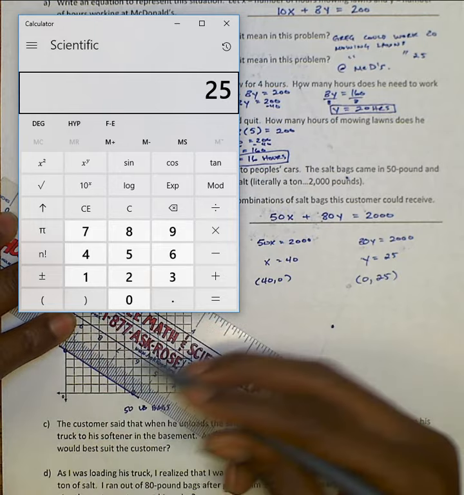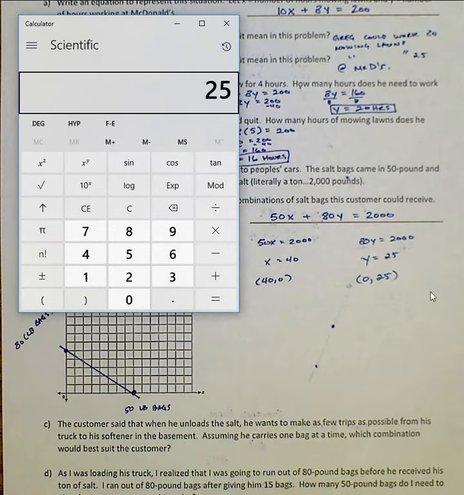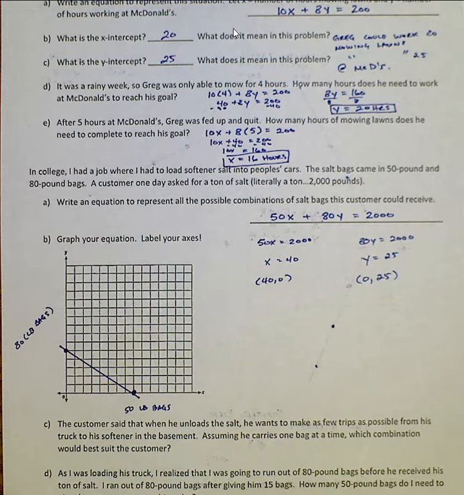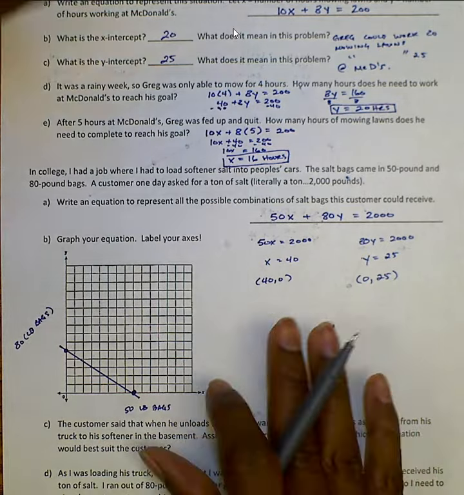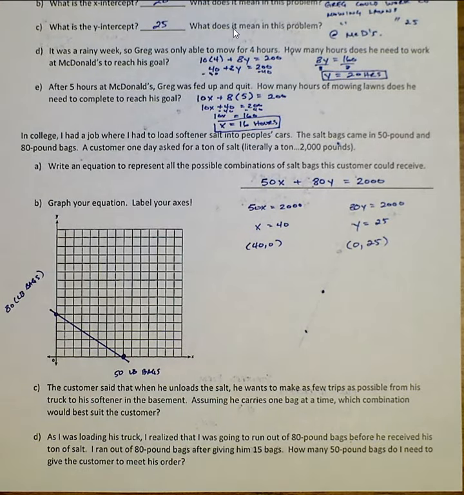Sure, I can get rid of this calculator now. So this customer said that when he unloads the salt, he wants to make as few trips as possible from his truck to his softener in the basement. Assuming he carries 1 bag at a time, which combination would best suit the customer? If he wants to make as few trips as possible, that means he wants the heaviest bags.